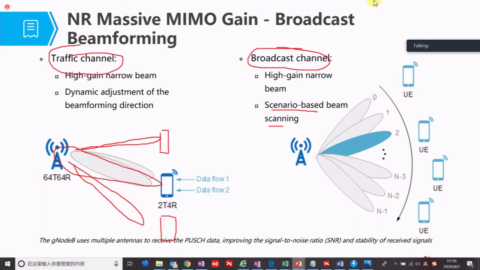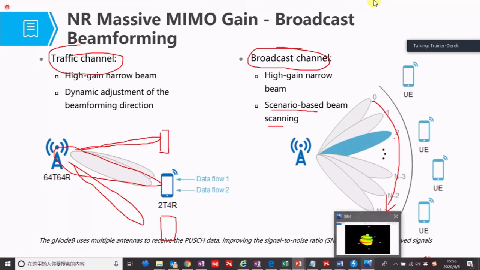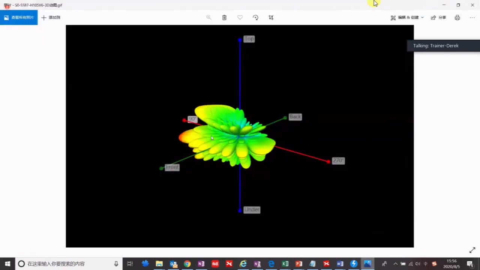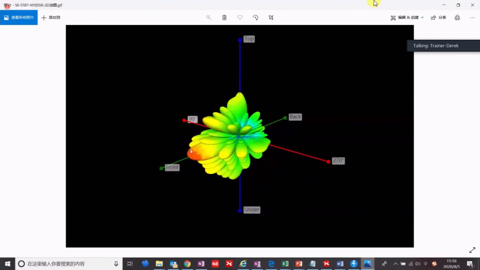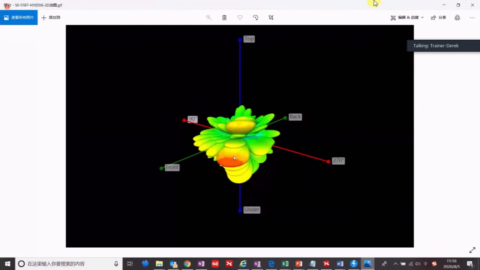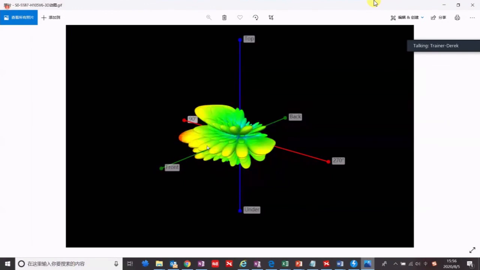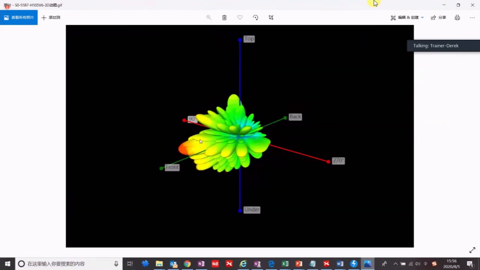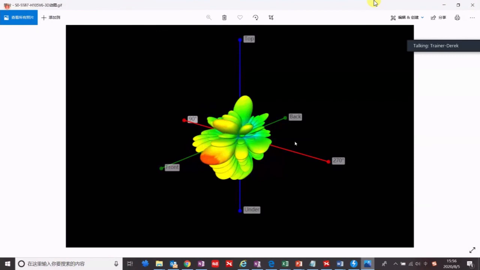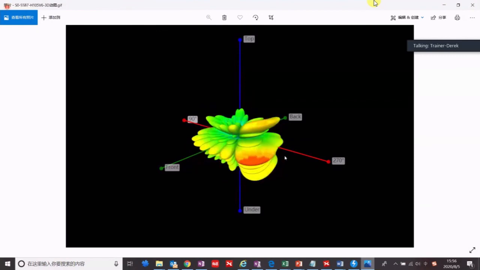At the first time, second time, third time, it scans for the UE and sends the broadcast signal like this one. This is a broadcast channel. This is a narrow beam, and the narrow beam can change direction from this side to another side, like this one.